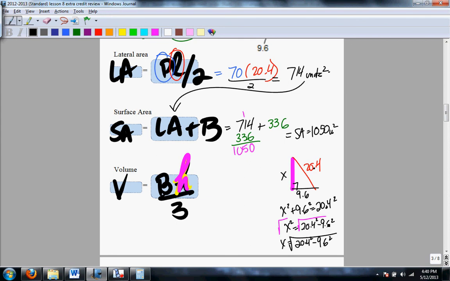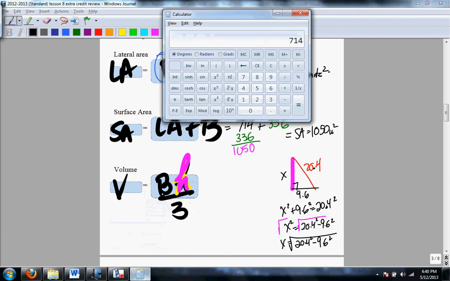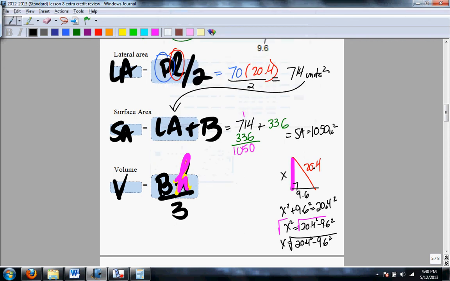I'll pause and let you catch up there. We're going to bring up our calculator. We're going to start with 20.4 squared, minus 9.6 squared, equals 324. Then we're going to square root, and we get 18. So our true height here is 18.